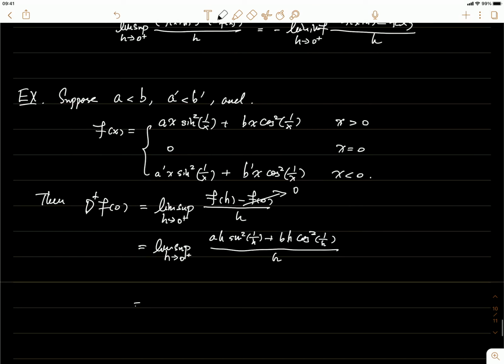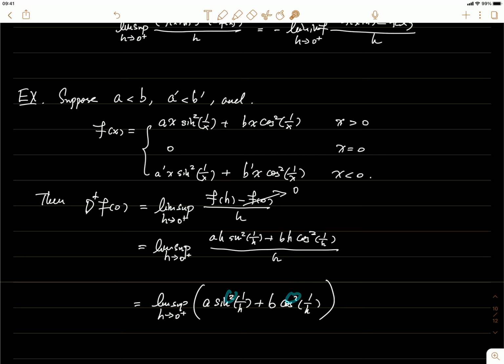So this is equal to the lim sup, and we can cancel the h in the numerator and denominator. We have a times sine squared of 1 over h plus b times cosine squared of 1 over h. As you can see, when h goes to 0, this will oscillate between 0 and 1, and this will also oscillate between 0 and 1 because of the square.